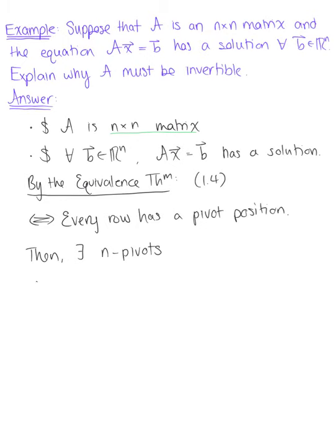We can take this one step further again, since A is an n by n matrix with n pivots. These n pivots must exist along the main diagonal.